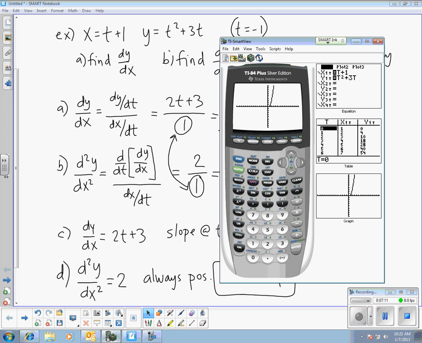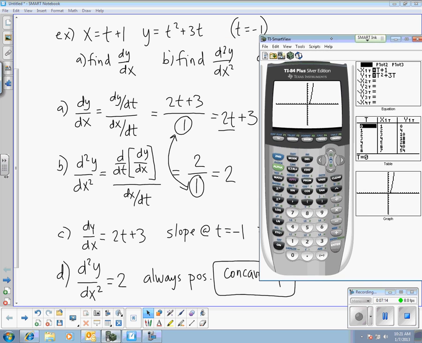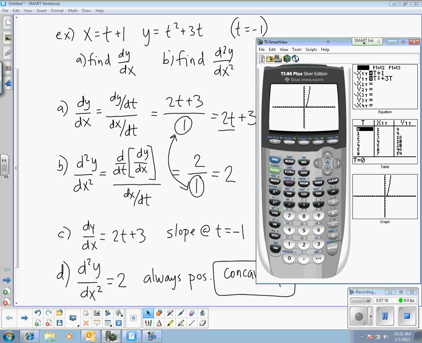We could eliminate the parameter and get the parabola, but if my t in question was t is negative 1. So I graphed that. My window was automatically set from like 0 to 25, which was from my last problem. But let's say I graphed it from, I don't know, t min. Let's say I went from like minus 5 to 5.